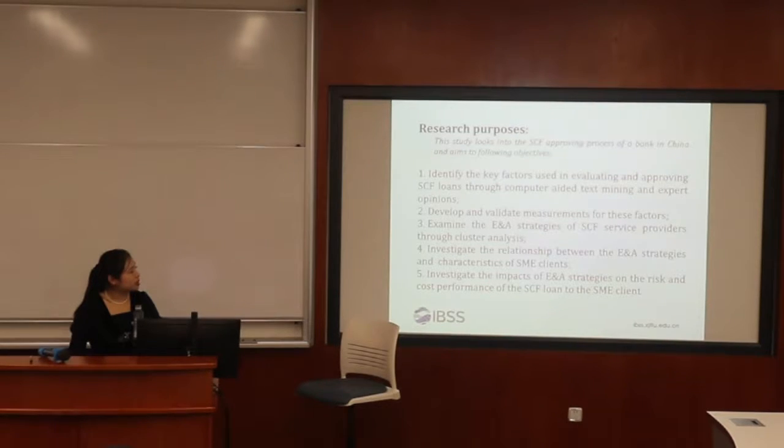Following that, we try to examine the environment and assessment strategies of supply chain finance service providers, such as banks and some finance service companies, through cluster analysis. Then we try to investigate the relationship between the different strategies and SME clients. Finally, we try to investigate impacts.